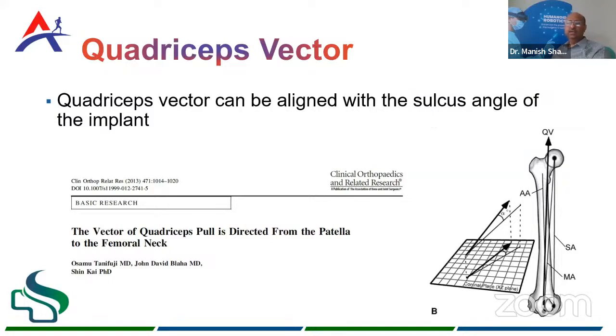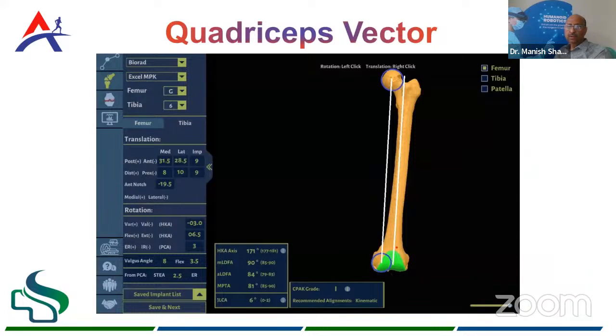A new kid on the block is the quadriceps vector. How do we measure the quadriceps vector? The center of the medial condyle of the femur distally and the center of the femoral head. The line joining the center of the medial condyle to the center of the femoral head is the line representing the quadriceps vector.